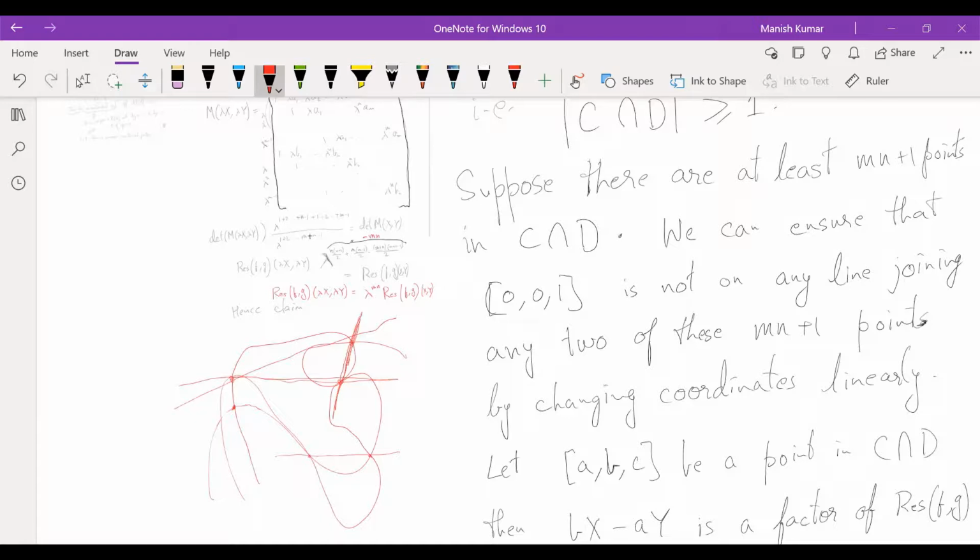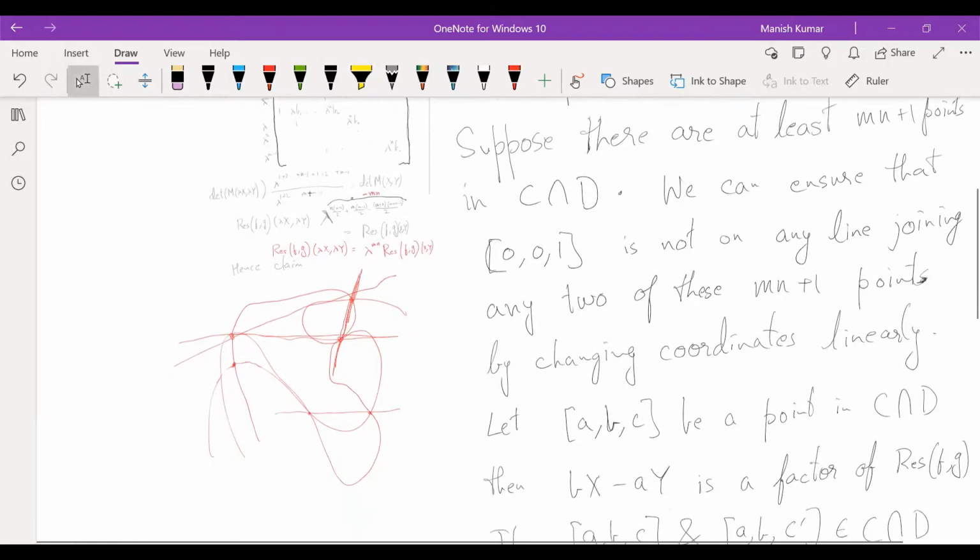Of course this is some complicated looking picture, but it's still some curves. So of course there exists a point in P2 which does not lie on any of these curves, the union of these curves. We'll send that point to 0, 0, 1 by a linear change of variable.